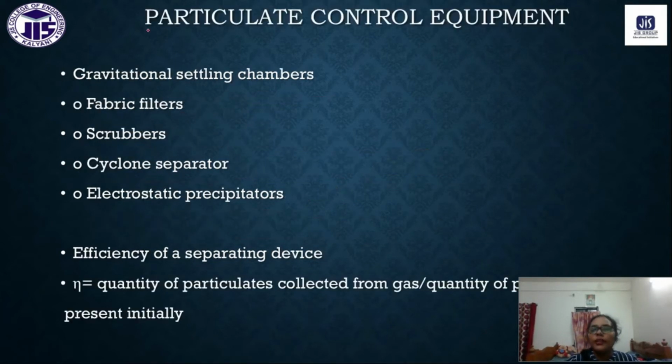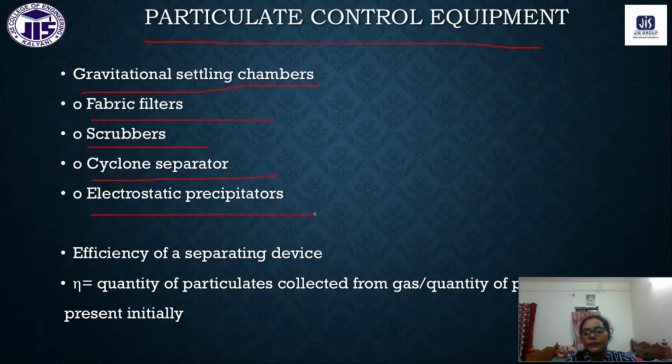Okay, so what are the types of particulate control equipment that we have? That is the gravitational settling chamber, the fabric filter or baghouse filter, the scrubbers or wet scrubbers, the cyclone separator, and the electrostatic precipitator.